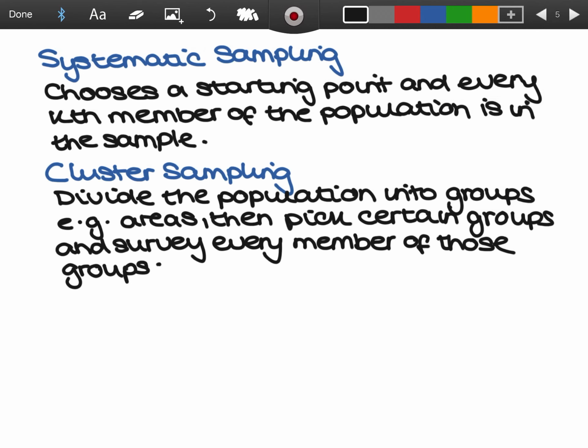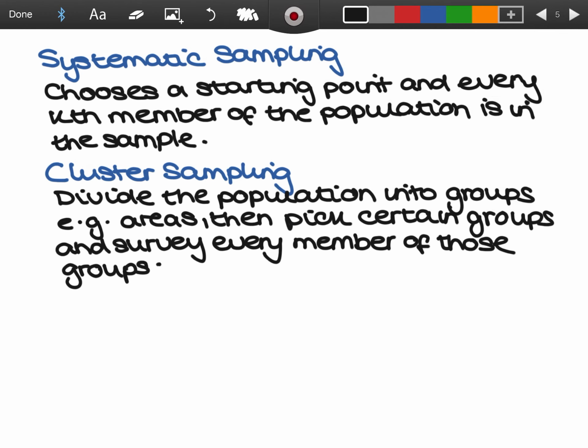Okay. There is an example of this where they were saying that there's something like 37,000 McDonald's worldwide, and they wanted to take a survey about the menu for McDonald's. So what they did, instead of choosing McDonald's randomly, was they divided the world into areas.